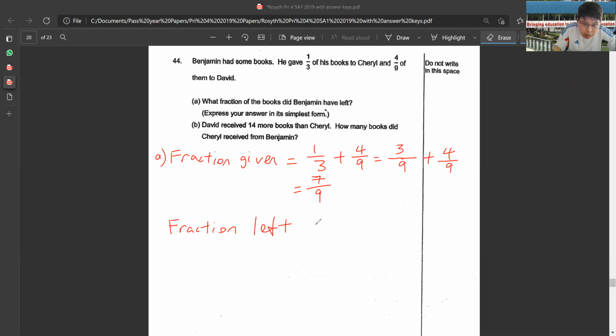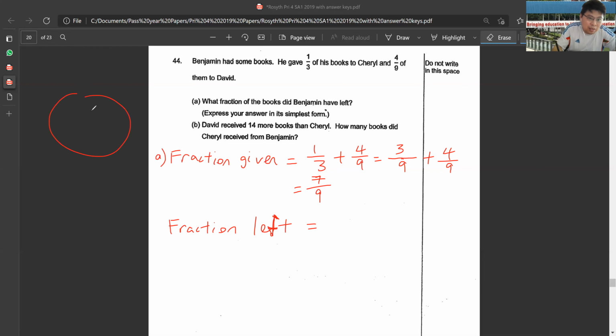No, 7 over 9 is given. I gave away 7 over 9. So I left with how many?